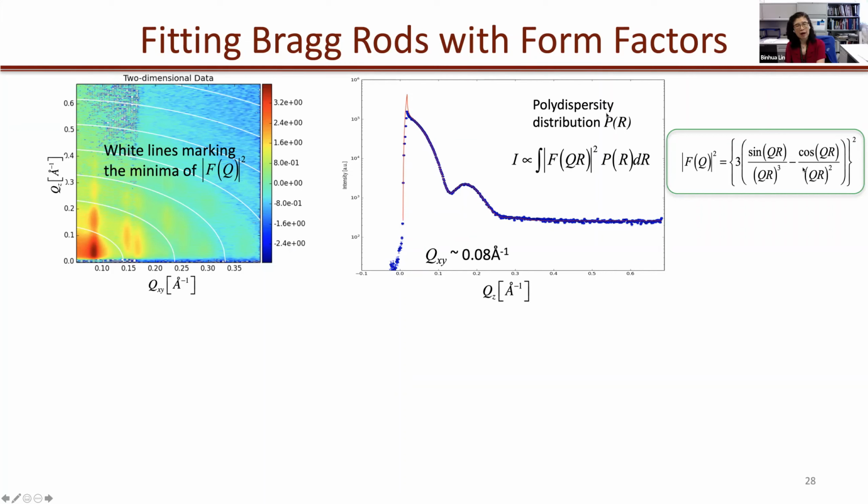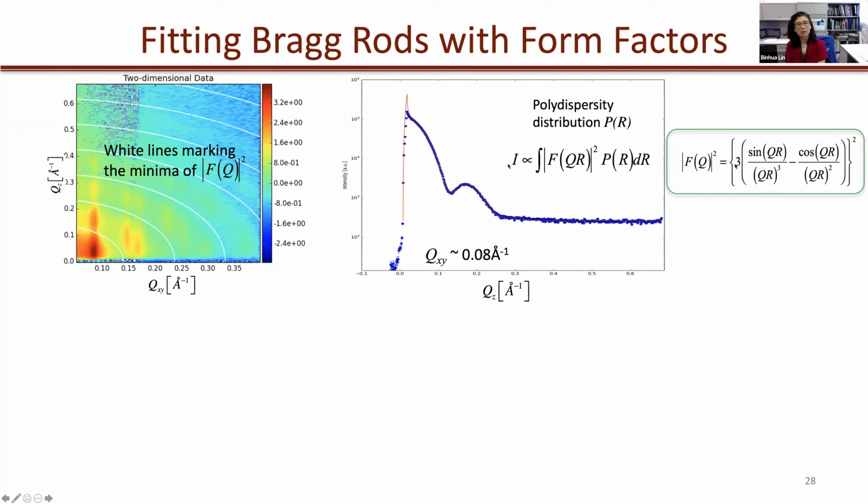The reason we have to convolute with this is because your nanoparticle spheres have a size distribution. They're not perfectly the same. The best case is like 5 to 10%. The worst one could be anywhere you can imagine.